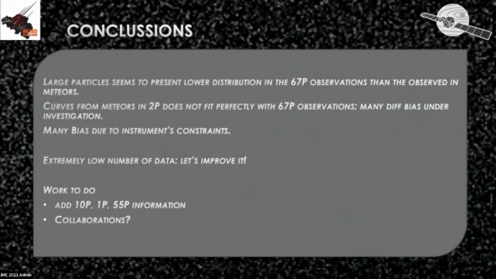My idea for the next weeks might be to add more comet showers from, for instance, 10P, 1P, or 55P, and I will be super happy for any other collaboration that you would like to have with me.